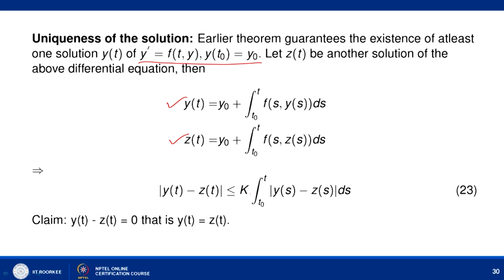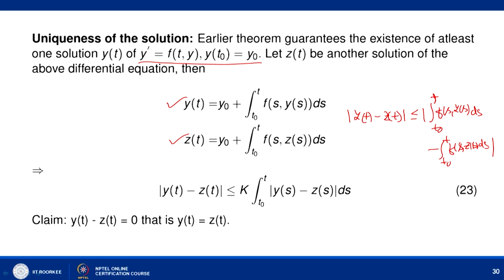Now, with the help of this we can consider the modulus of y(t) minus z(t), and it is coming out to be less than or equal to the modulus of the integral from t naught to t of f(s, y(s)) minus the integral of f(s, z(s)) ds.